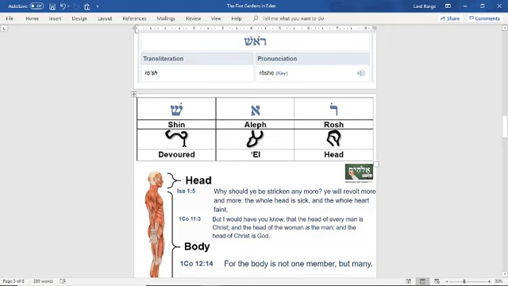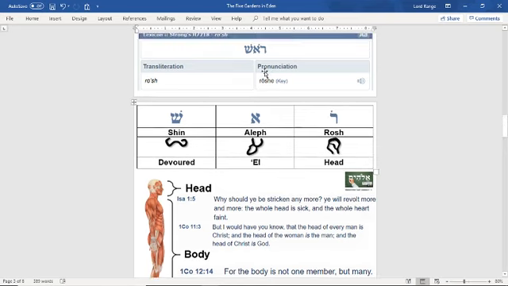A majority of the words in ancient Hebrew still point to Christ, and it's important you understand that. Now again, we were talking about this word rosh, and the word rosh means heads. And the very first letter alone in the word rosh is resh.